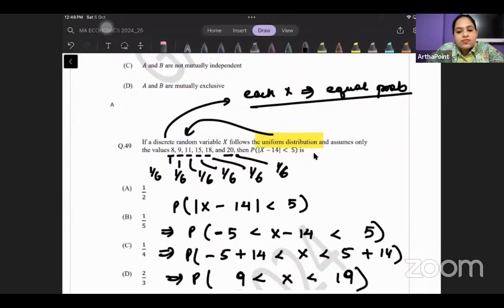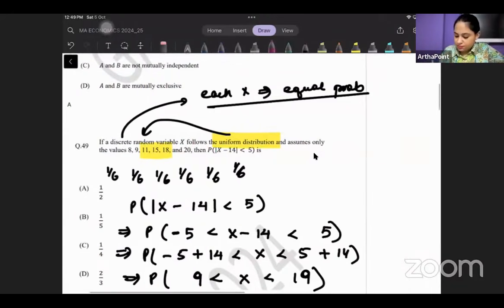अब देखो, what are the x between 19 and 9? We can go ahead and we can see 11, 15 and 18. Isn't it? These are the 3 x's which are between 9 and 19. So this is going to be probability.